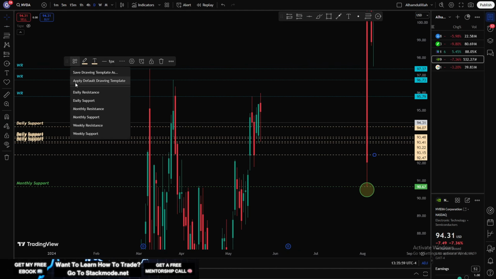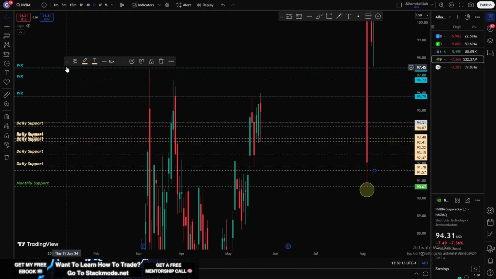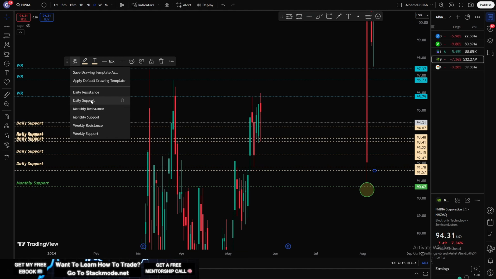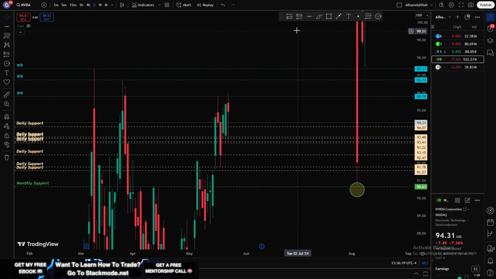And it's about just taking your time when it comes to marking out your levels. You don't want to miss anything, because we're trying to profit here. If you guys want to become a profitable trader, stuff is going to take time. Your discipline has to increase. And let me show you guys another example of something right here.